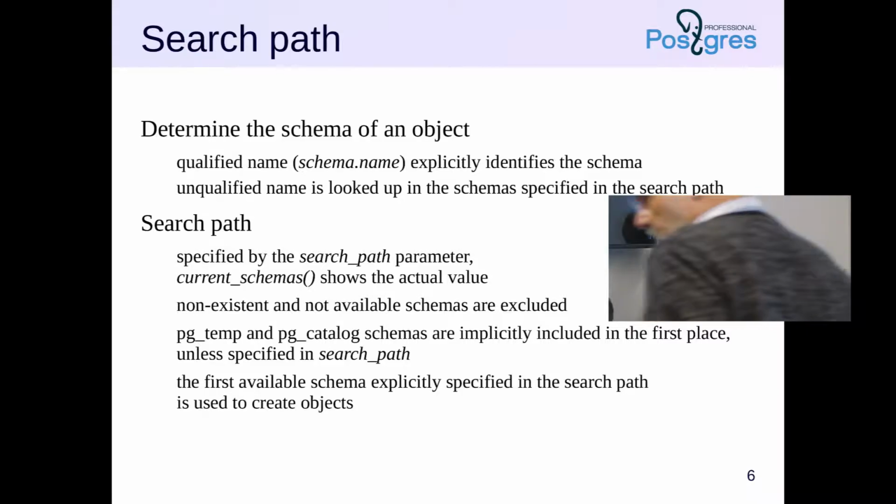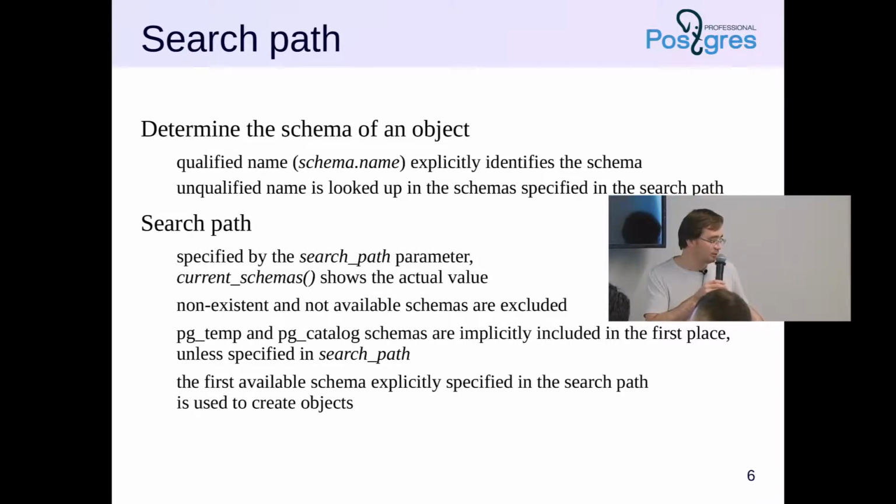There are two such schemas, pg_temp and pg_catalog, which are implicitly added to search path at first place, so that you can always query system catalog objects and your temporary tables.